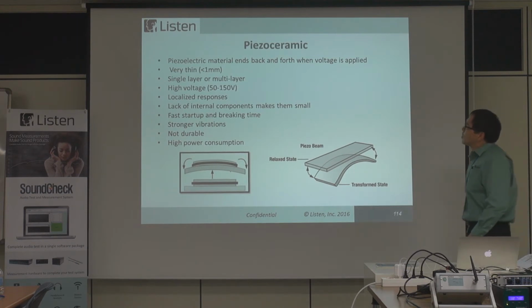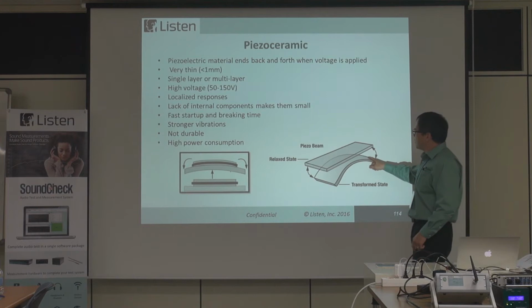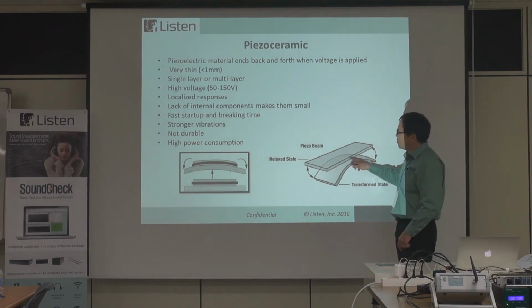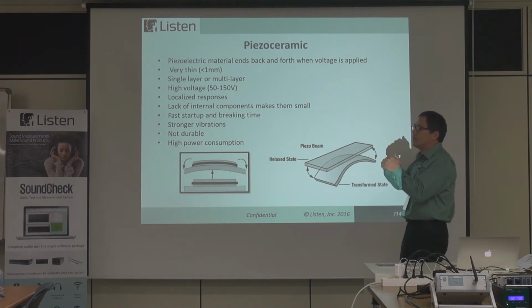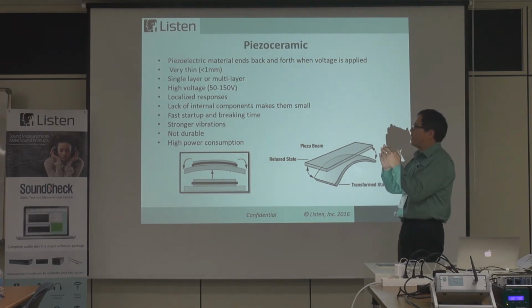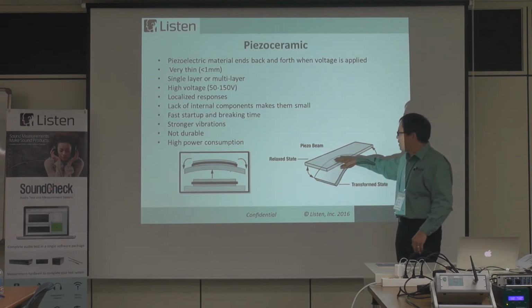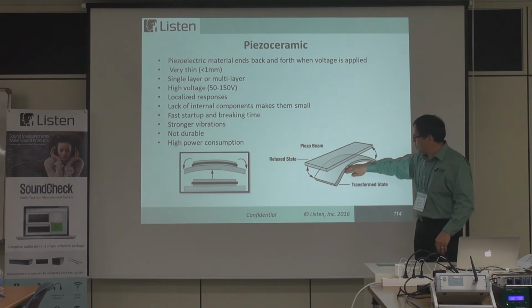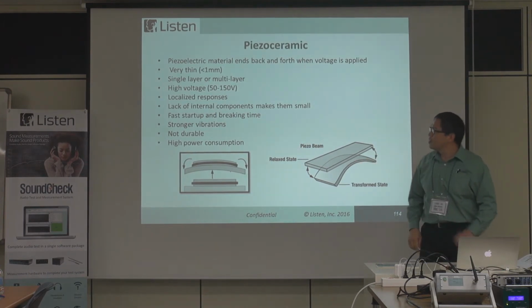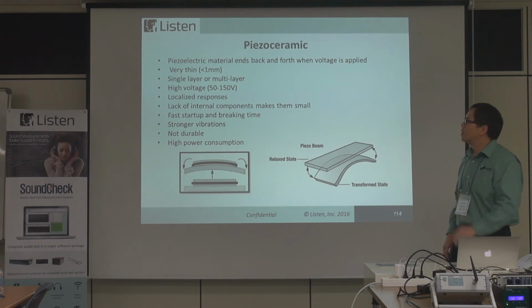So with the piezoceramic material, when you connect a voltage to it, it will bend its shape, going from a flat surface to a bent surface. Here's a relaxed state, which is flat, and then this is the transformed state. It's very, very thin, could be less than a single millimeter thin.